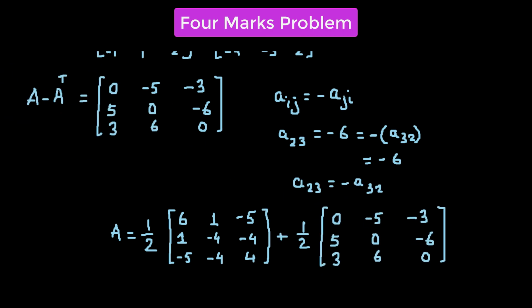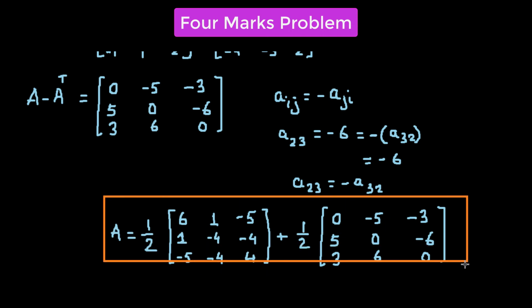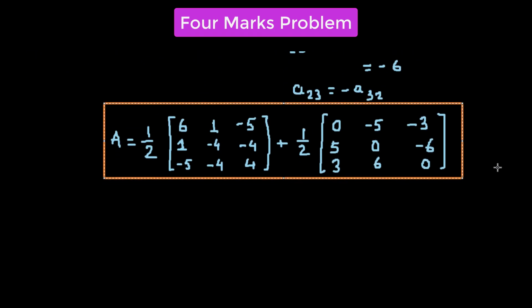And this is going to be our final answer. This is the final answer. So we have matrix A expressed as a sum of a symmetric and a skew-symmetric matrix.